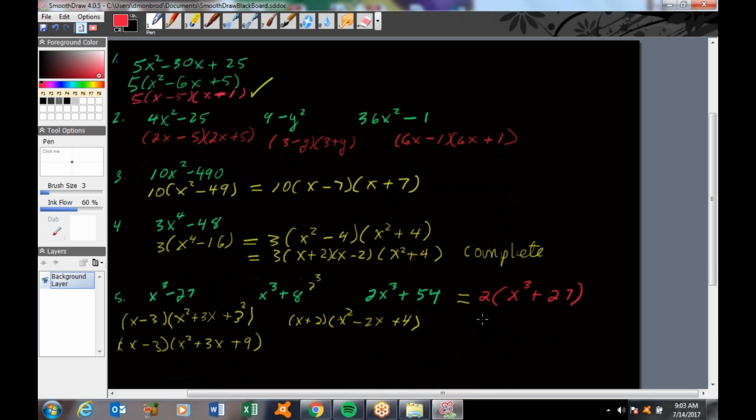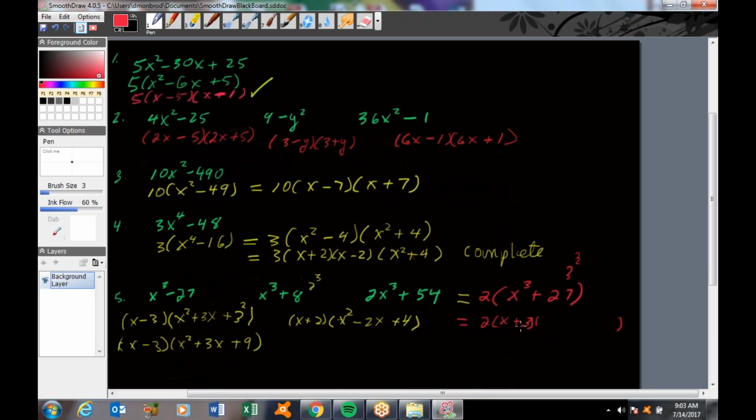This can be factored a little bit further. So we'll do it. We have a 2. We notice it's the cubes again. This time sum of cubes. We'll have an x, and you'll have a plus 3. This 3 cubed is 27. Oops.